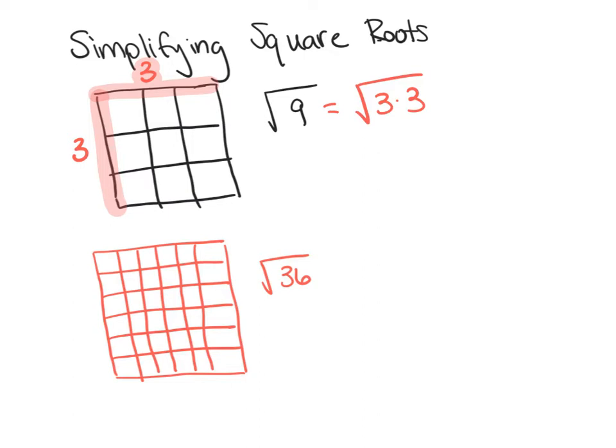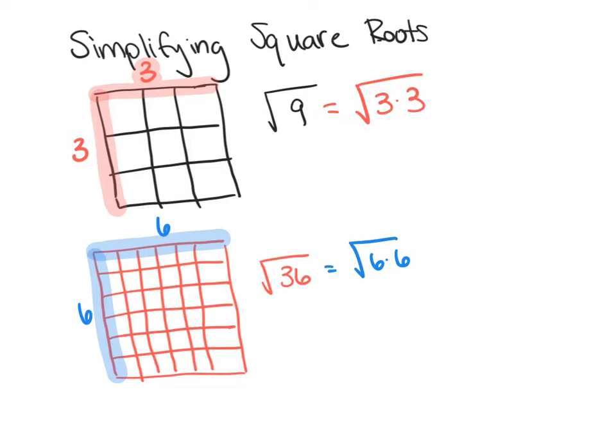The square root of 36 can be written like this, where it's shown here. Here is 6, and here is 6. This can be written as the square root of 6 times 6.